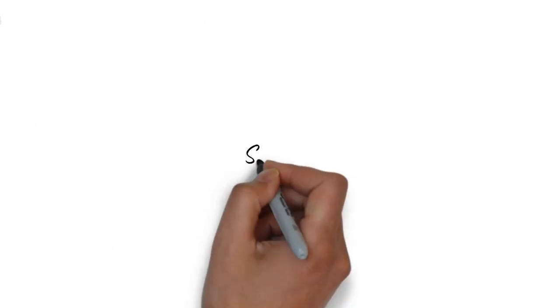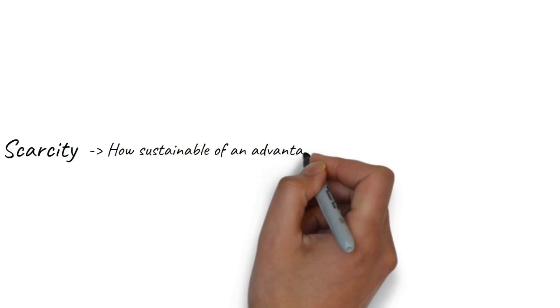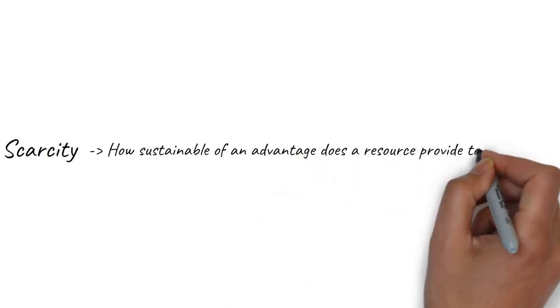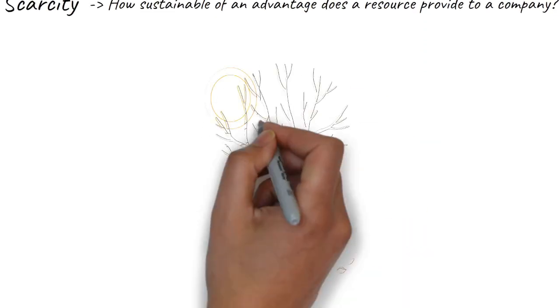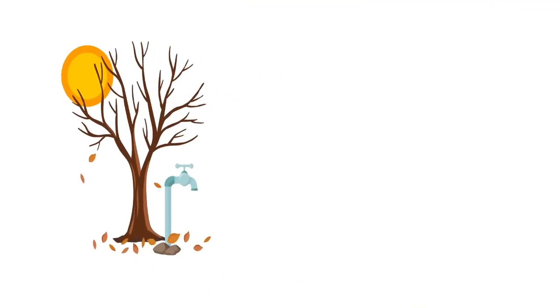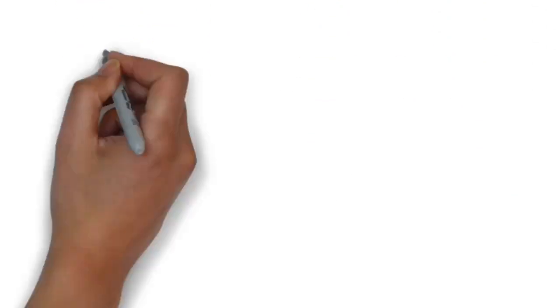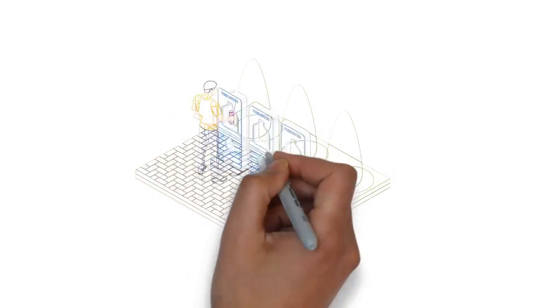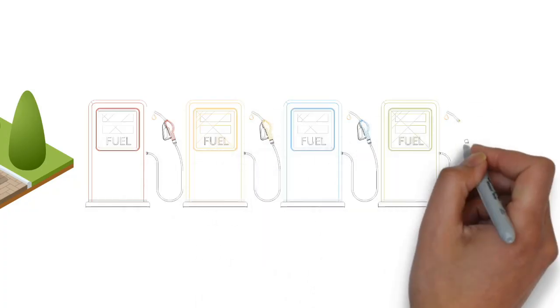The second question is the question of scarcity. And this question is designed to get at how sustainable of an advantage a resource provides to a company. The reason why scarcity is related to sustainability is that if the resource isn't scarce, that is, if it's freely available to anybody who wants to get it, then any advantage that you have from owning it will be competed away as other companies gain the same resource.